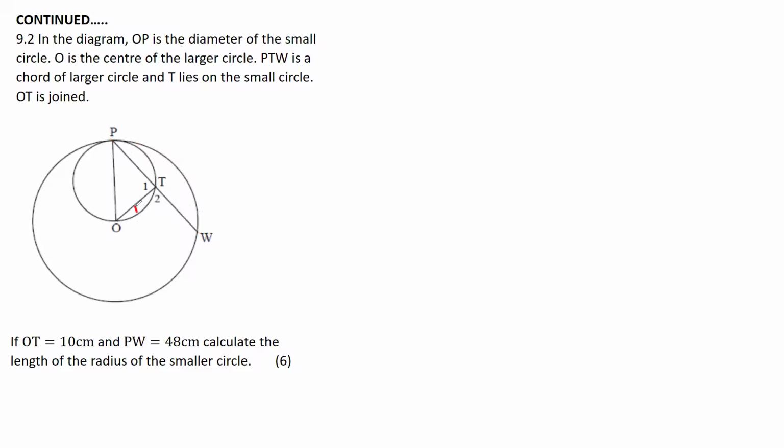All right, so I remember that OT is 10. Remember that PW is 48. Okay, cool. T1 is 90. If I consider the small circle, T1 is 90. Your reason? Angles in a semicircle. Yebo. T1 is 90.